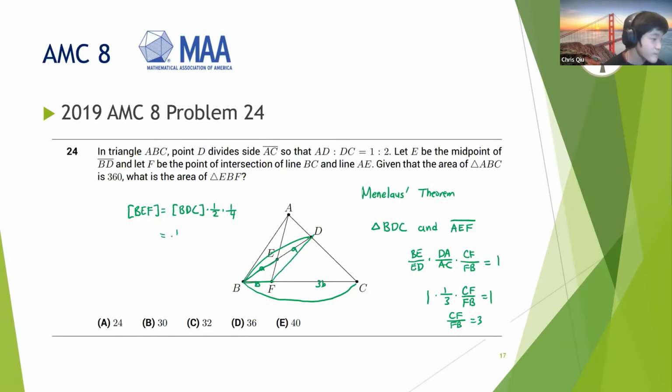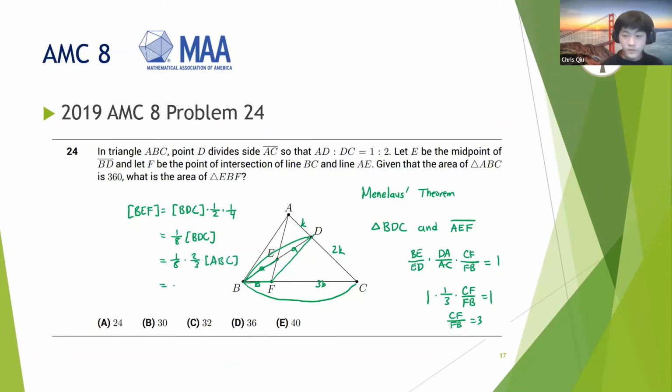And so now we have this. And then we can bring back these lengths. So AD to DC is 1/2. What that means is that the area of triangle BDC is going to be 2/3 of the area of ABC by area ratios.